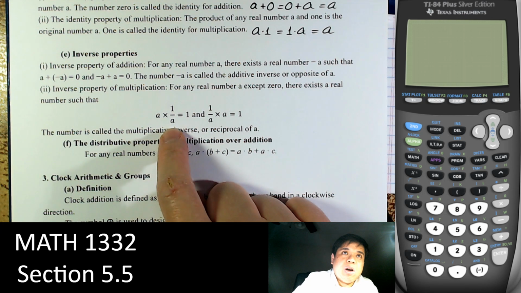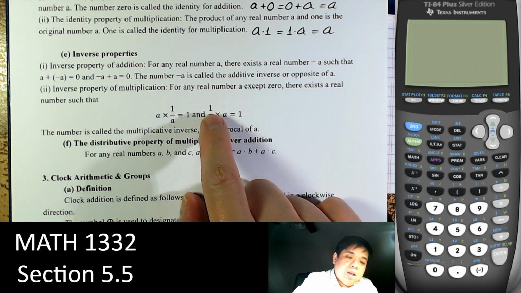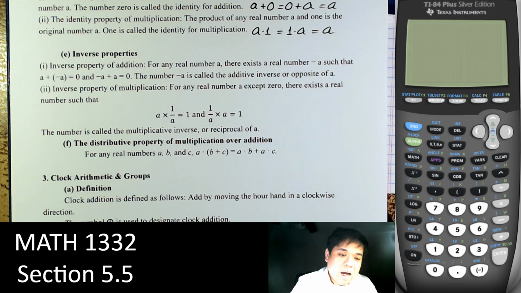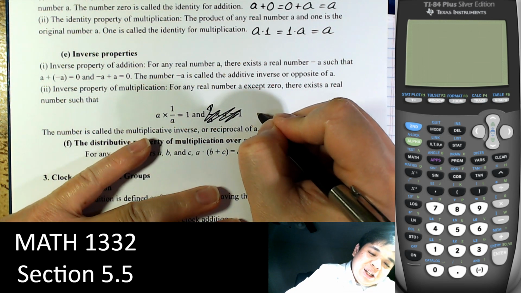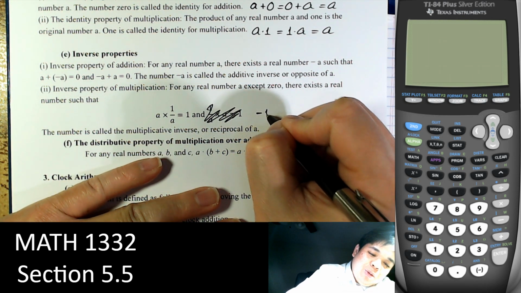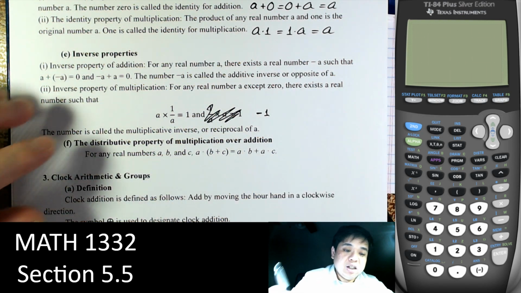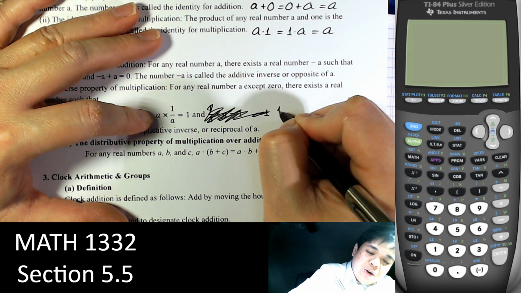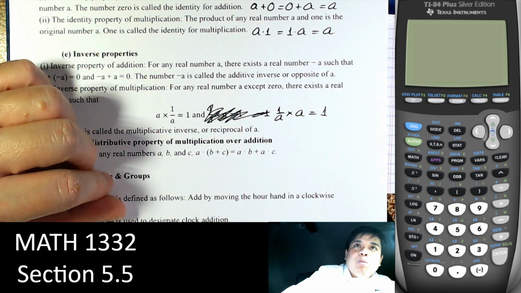So A and 1 over A are inverses of each other. 1 over A times A is equal to 1. I don't know why I copied the same thing. But I should say negative 1. Actually, it's not the same thing. One is this order and the other one, yeah, it's just commutative properties here.